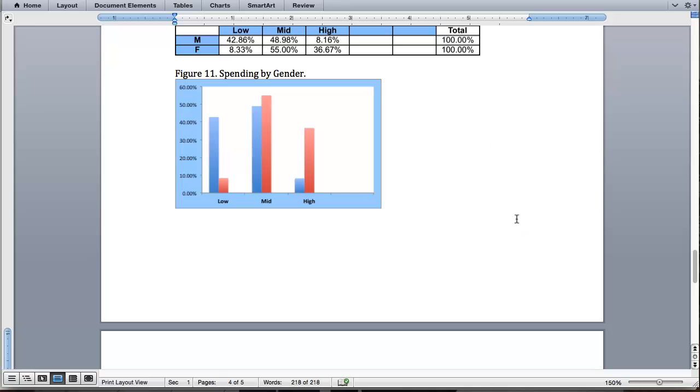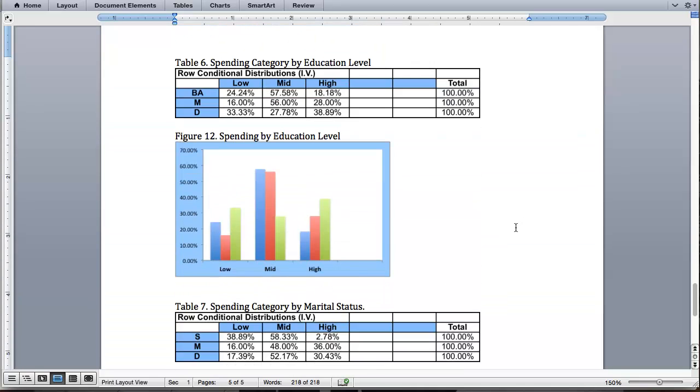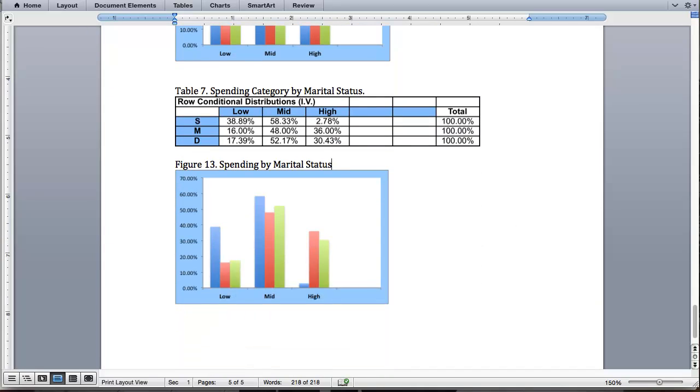Marital status can also be cross-tabulated with spending category. Here we do see some notable differences. If you're single, you are much more likely to spend in the low category, as compared to the marrieds and the divorced.